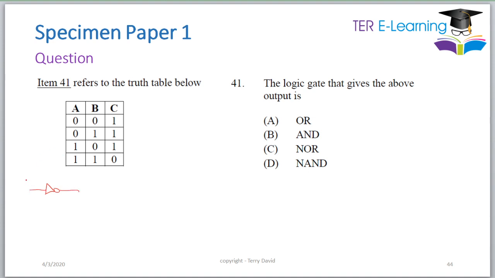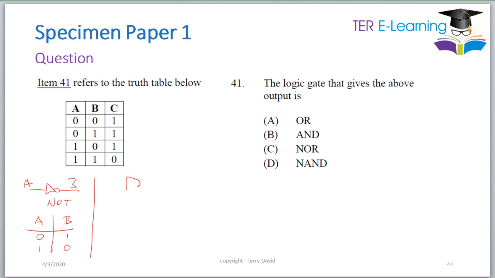A NOT gate is also called an inverter, and basically whatever the input is, it's going to invert to give us the output. So if we have a 0, we're going to get a 1, and if we have a 1, we're going to get a 0. Now ideally, all you really need to learn is 3 of them, and you can figure out any others.